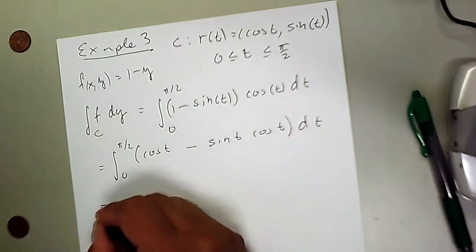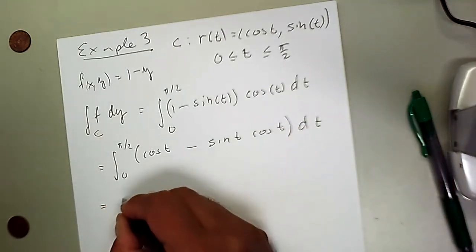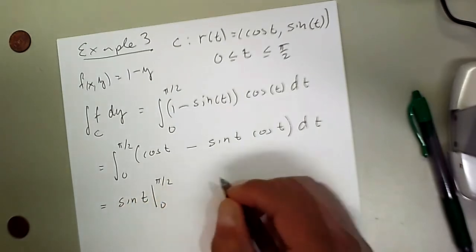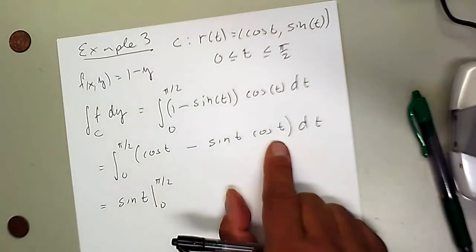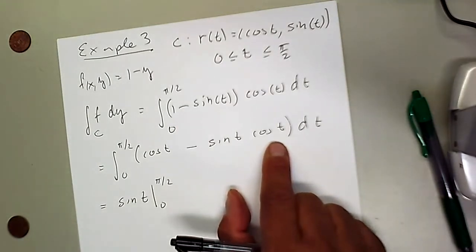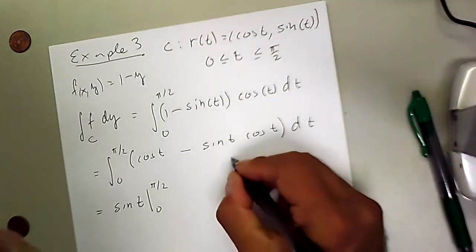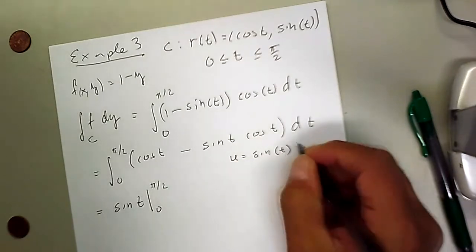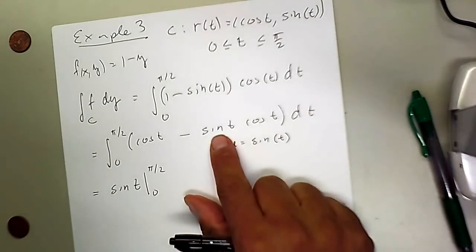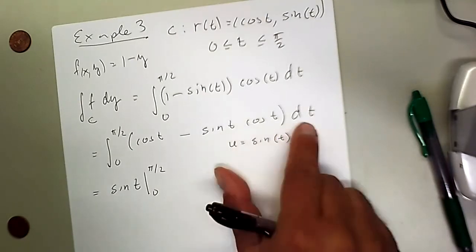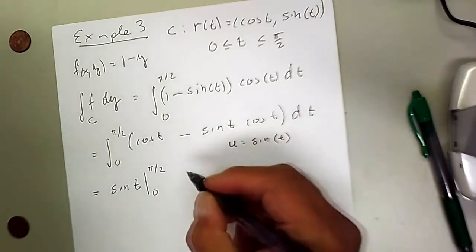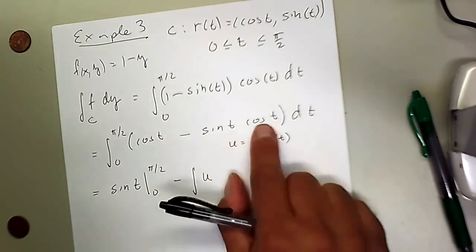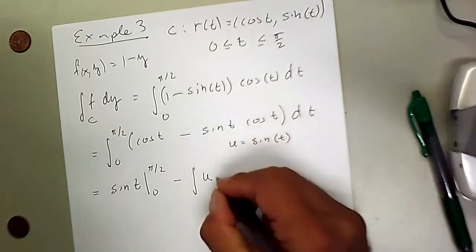Antiderivative of cosine is sine, sine of t from 0 to pi over 2. Now here we can set up a substitution. If u is equal to sine of t, du is going to be cosine of t dt. So we're really integrating u, because the cosine makes up the du.